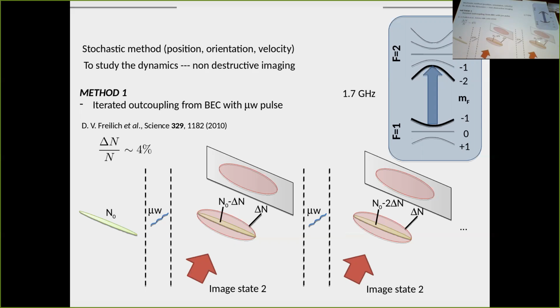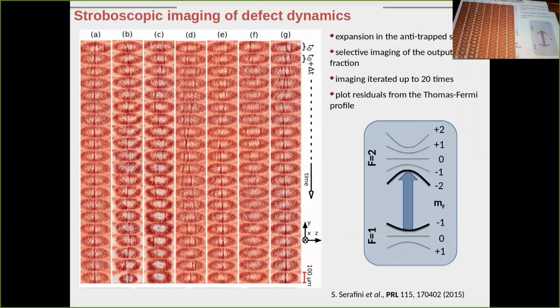And then we take a picture of this expanded cloud, leaving the atoms in the magnetic trap essentially unperturbed during the imaging. The power of this method is that the atoms in the magnetic trap continue their life, and so they can be imaged at a later moment. Actually, you can iterate this imaging method many times, like here.